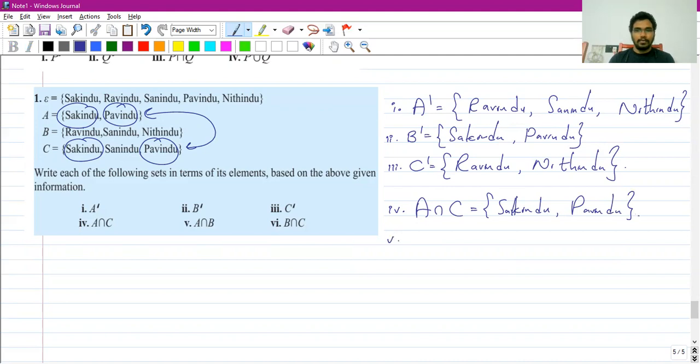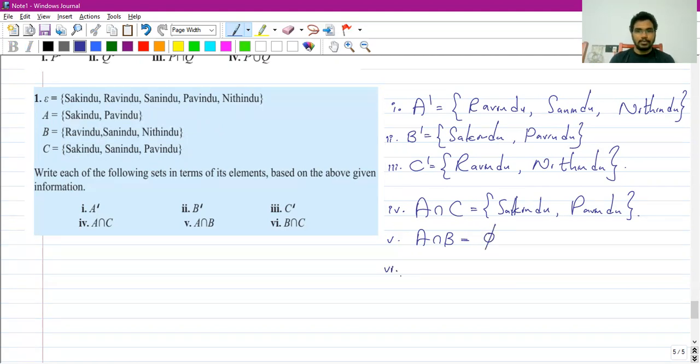Next, the fifth one, A intersection B. Shall we see what the common elements are? Sakindu, no; Pavindu, no. There are no common elements for both of these, so this will be a null set.